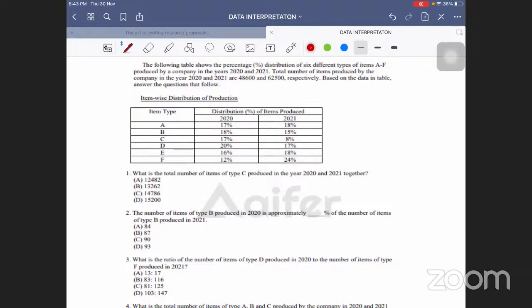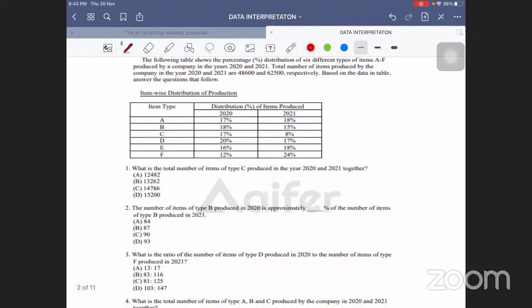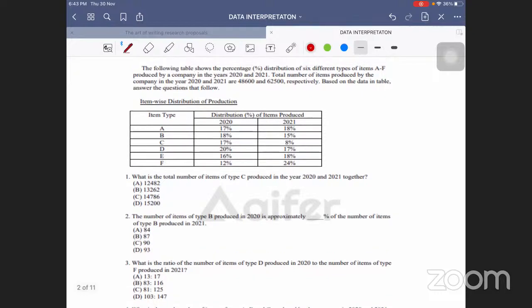Based on this data, please answer the questions.